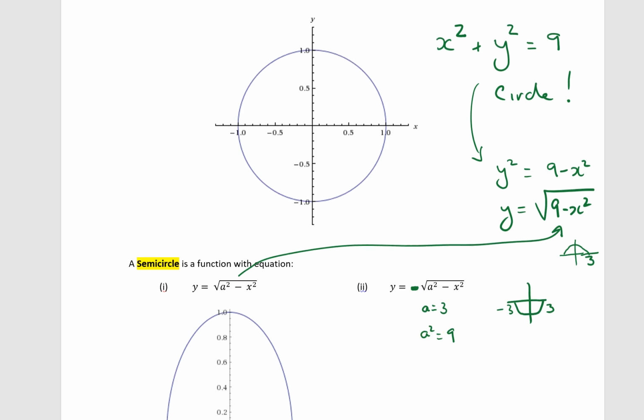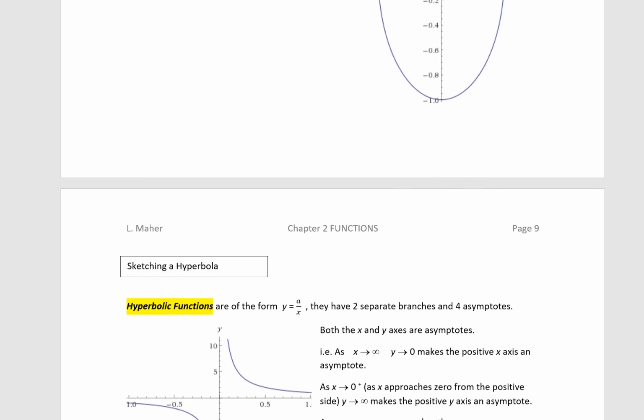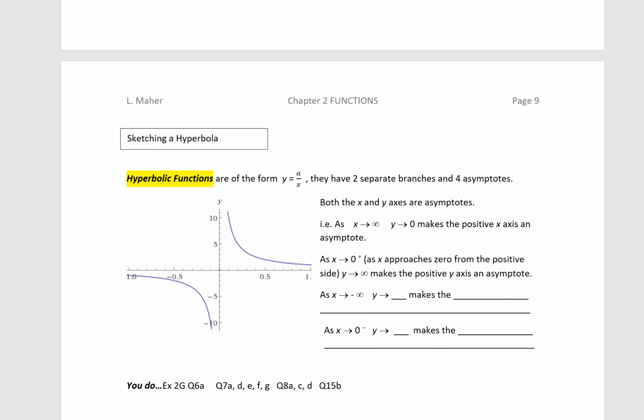I think there's one more in this group, and that is the hyperbola. Now, hyperbolas are usually written in the form y equals 1 on x. Well, that's the very most basic. And remember, that is x to the minus 1.